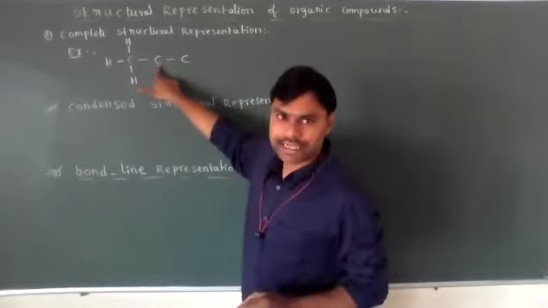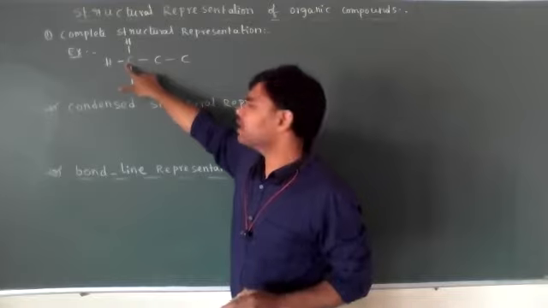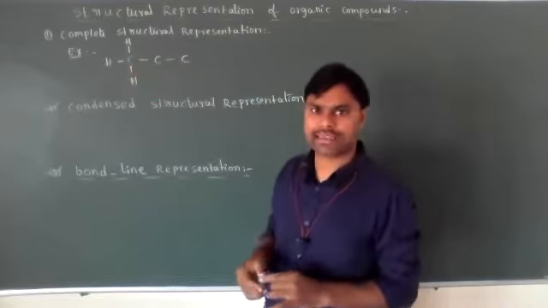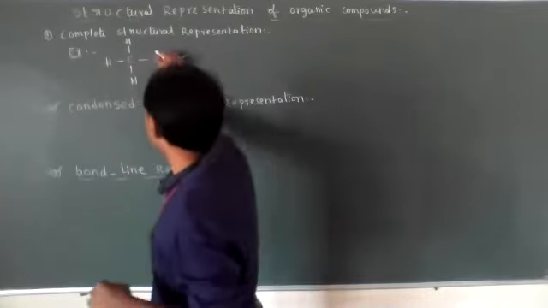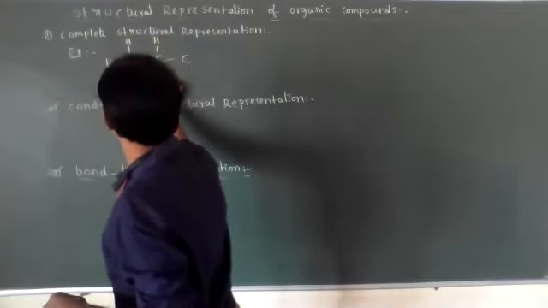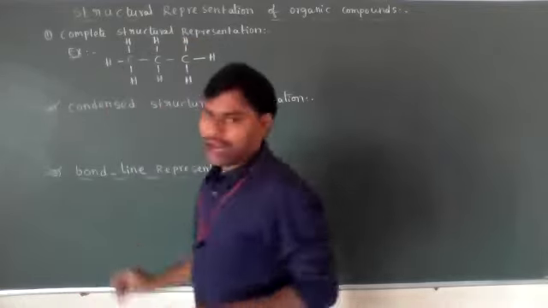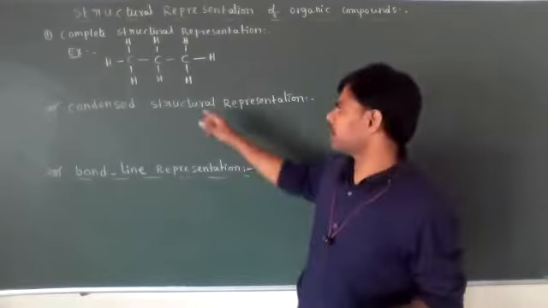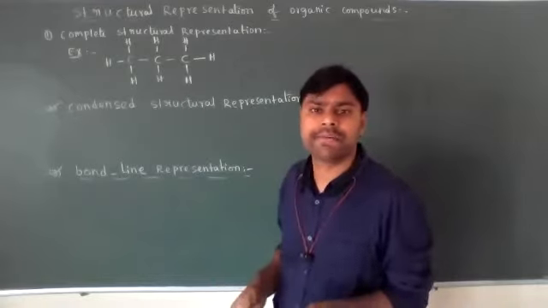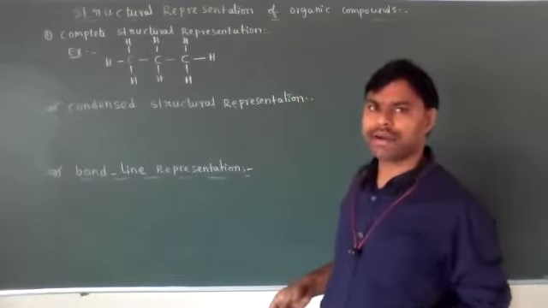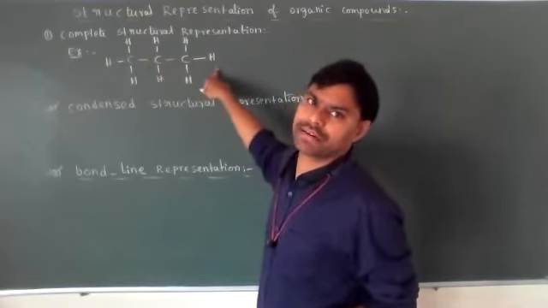This end carbon is bonded with the middle carbon through a single bond, so the remaining valencies are satisfied by hydrogen atoms. The middle carbon is bonded with two carbon atoms, so two valencies are already over, then two hydrogen atoms. All are single bonds only, so what is the hybridization of each carbon, dear students? sp3 hybridization. CH3, CH2, CH3 is nothing but propane.